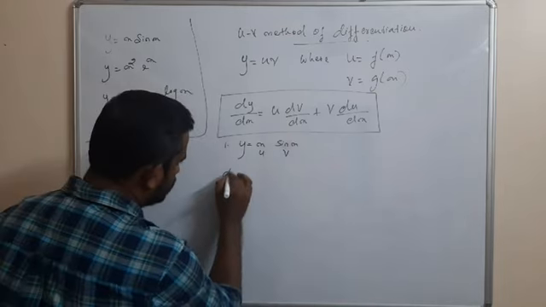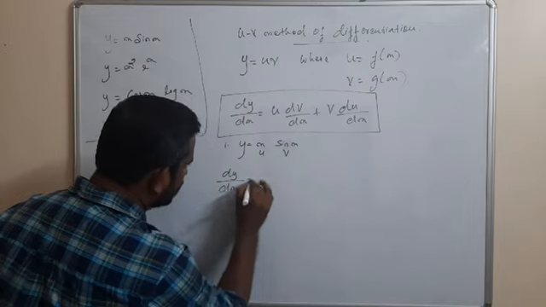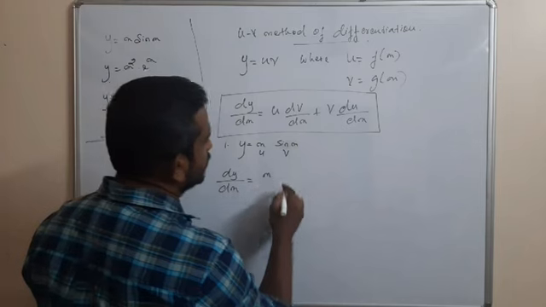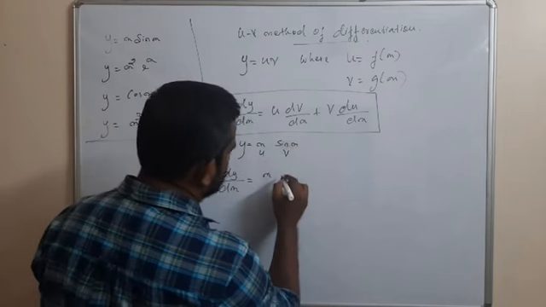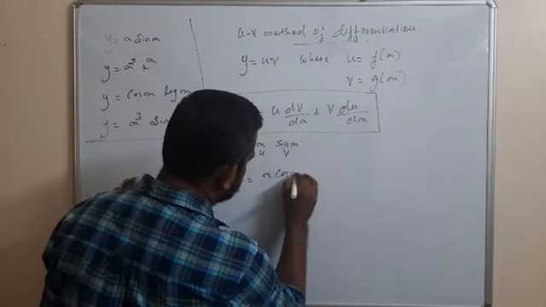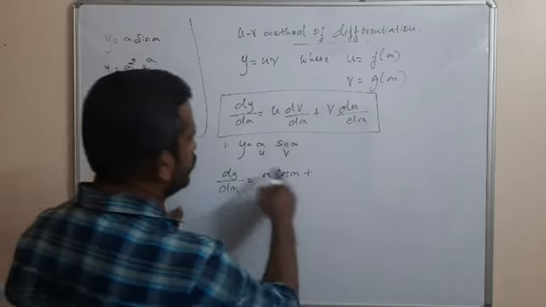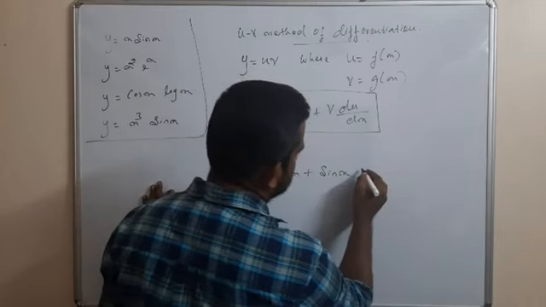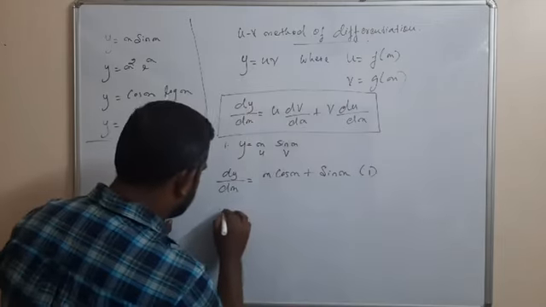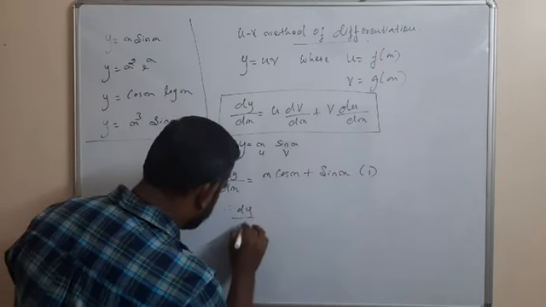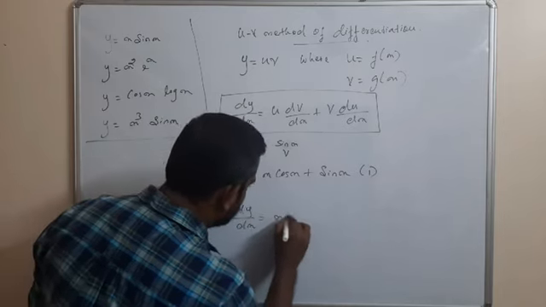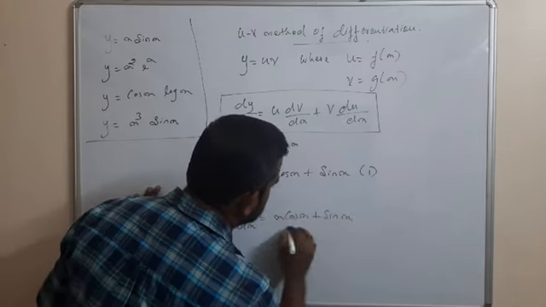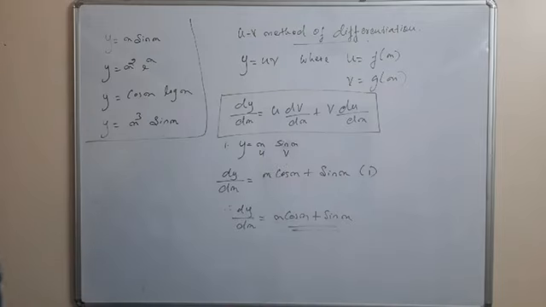So dy by dx equal to u into dv by dx, that is x into the differentiation of sin x, which is cos x, plus v into, that is sin x into, the differentiation of x, that is 1. Therefore dy by dx equal to x cos x plus sin x. This is the answer.